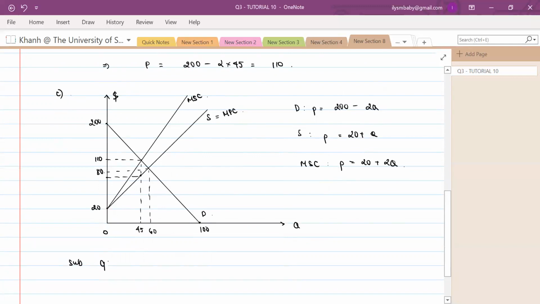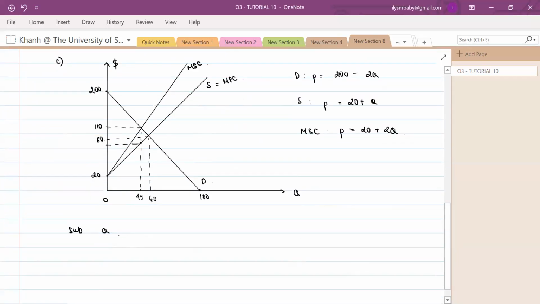If I substitute quantity Q equal to 45 into the marginal private cost curve, then marginal private cost is equal to 20 plus Q, which is 45, and so that is going to be 65.